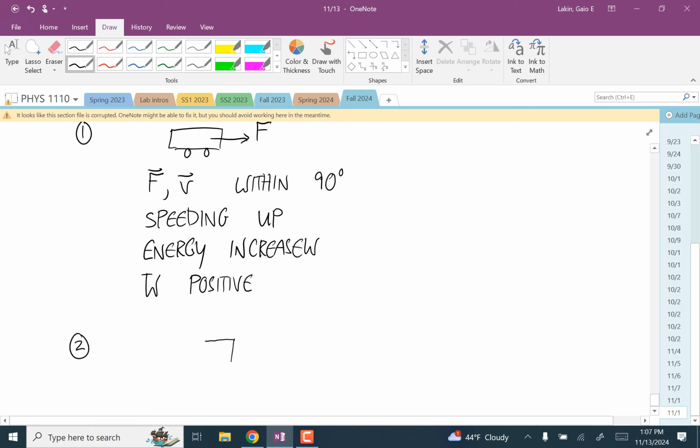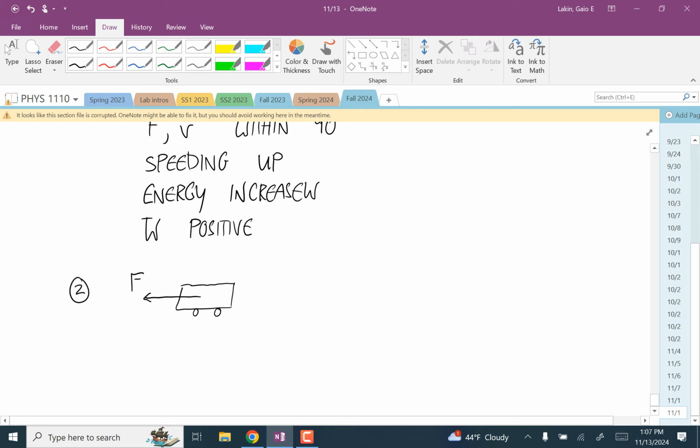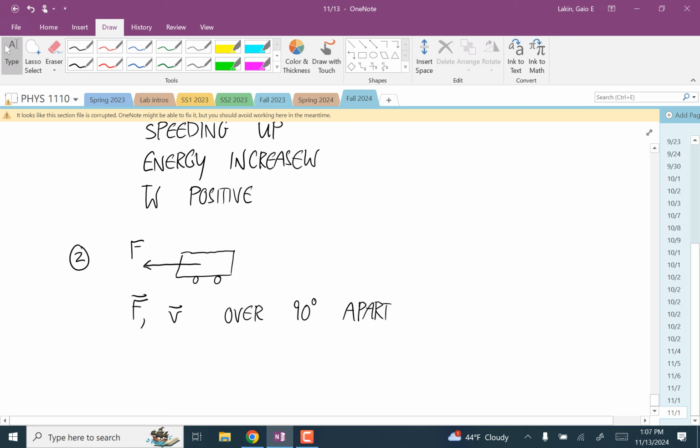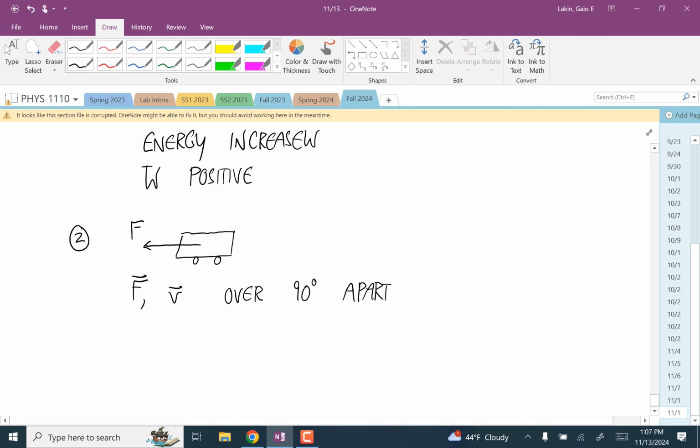And so therefore, the work is positive. Second, it's moving to the right, but this time we apply a force this way. Now the force and the velocity vector are over 90 degrees apart. It makes intuitive sense that that force would be slowing that cart down.